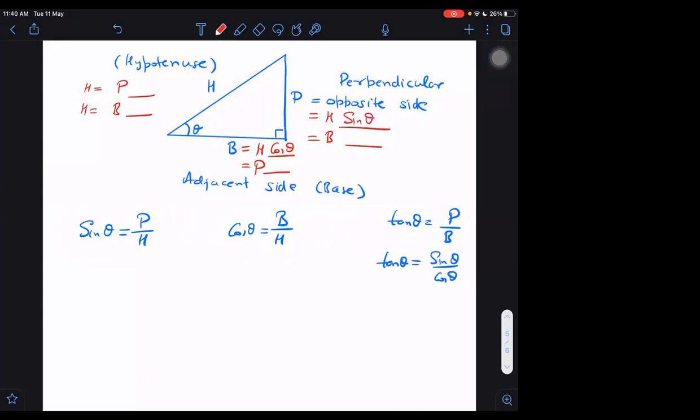What is P in terms of B? B tan theta. B is P cot theta. And H is equal to P cosec theta, and also B sec theta. We should be able to answer this very, very fast.